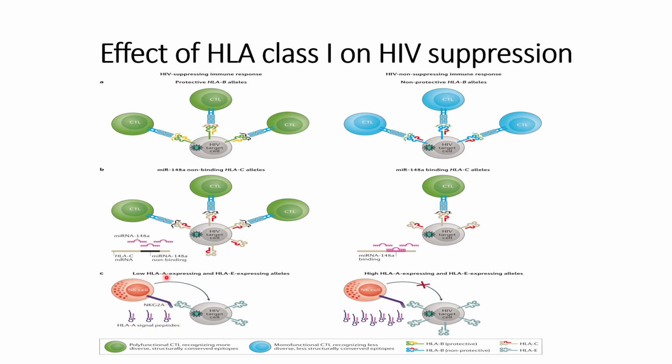The third one is about HLA-A. When HLA is expressed at a low amount, it will not interfere with the natural killer cells, and it will help the natural killer cells to recognize these HIV target cells. However, when HLA is expressed at a high amount, it will affect the response of the receptor present in natural killer cells, that is NKG2A, and it will prevent this receptor from binding with the HIV-infected cell.